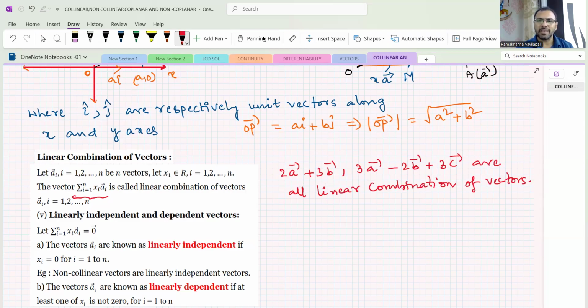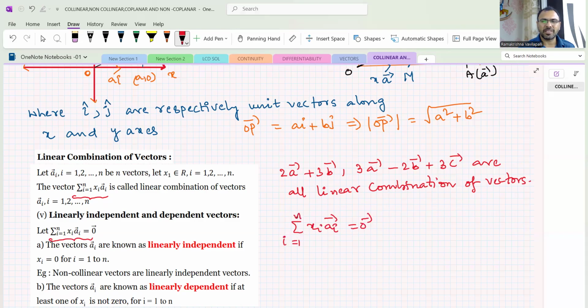Now, from this linear combination of vectors, we can decide what is meant by linearly independent vectors and what is meant by linearly dependent vectors. Suppose sigma xi into ai bar equals 0 bar, i equal to 1 to n.